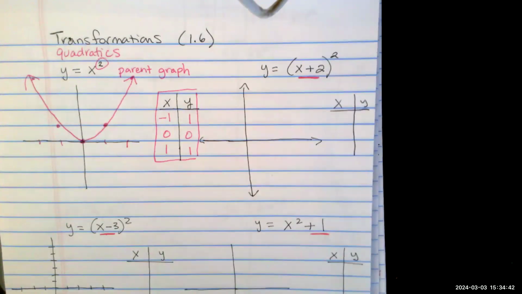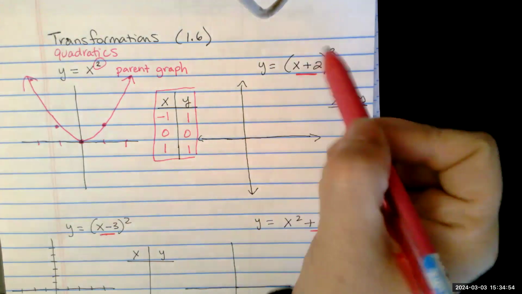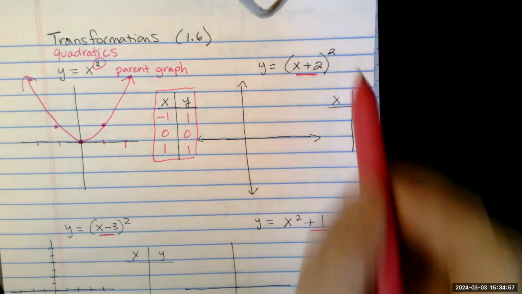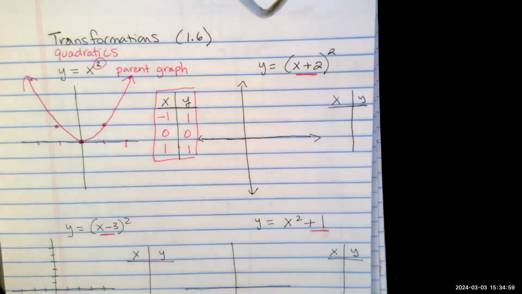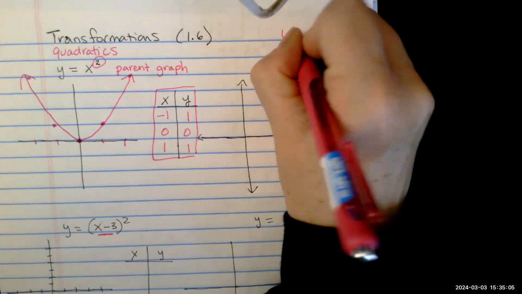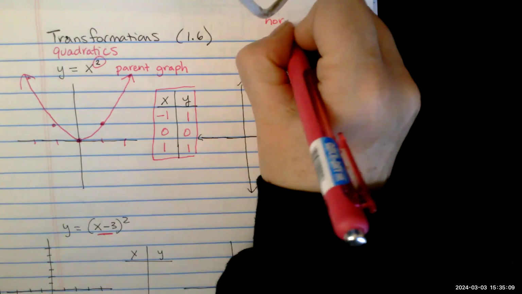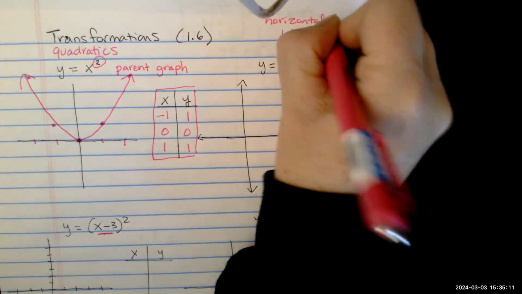If it's inside, it happens to the x, which means it's some kind of horizontal change. And the trick about the horizontal stuff is it's always the opposite of what you would guess. So if I told you that this +2 moved us horizontally, which means right or left, you would probably guess right. But it actually moves us left 2. And the fancy name for that is a horizontal shift.